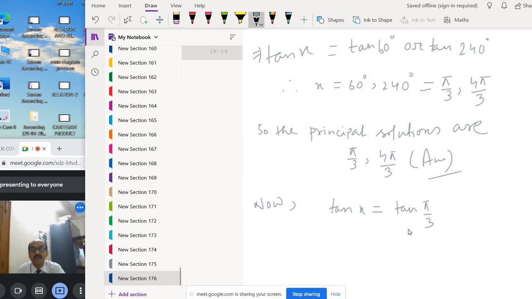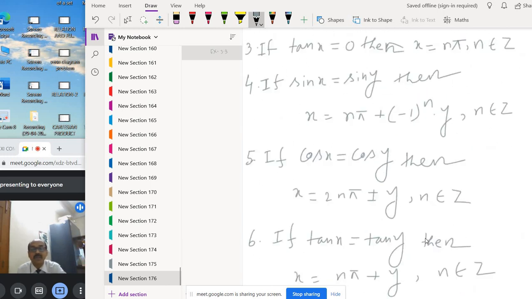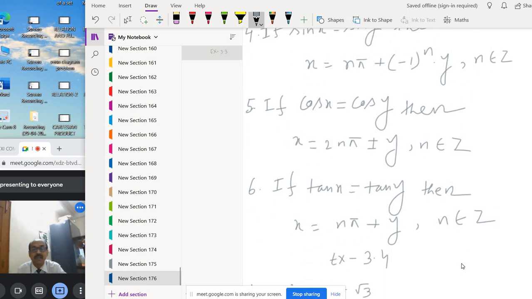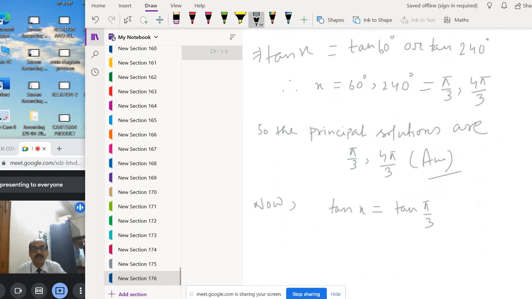That formula says x equal to n pi plus y. Use this in the general solution. So x equal to n pi plus y, meaning pi by 3, where n belongs to Z.